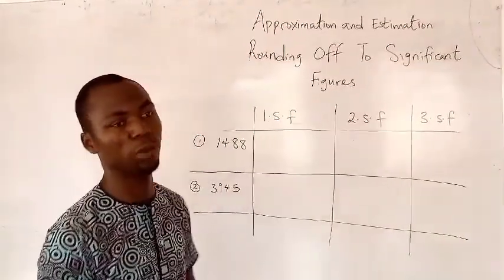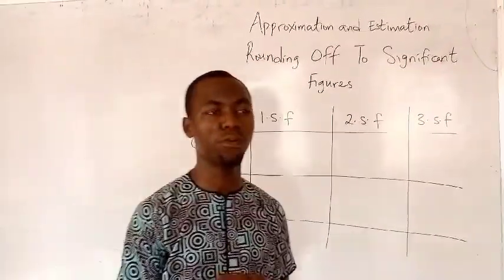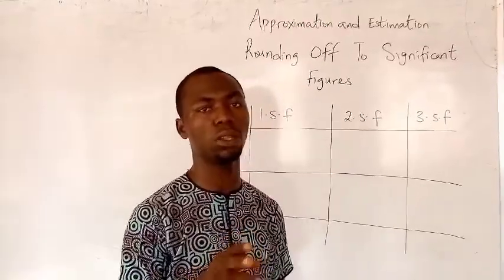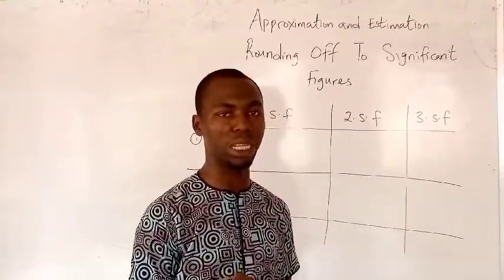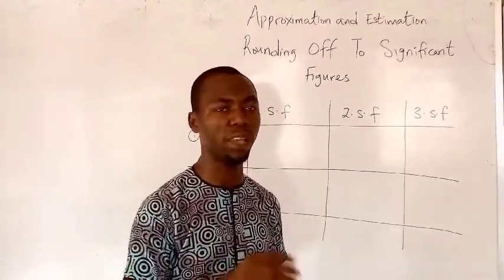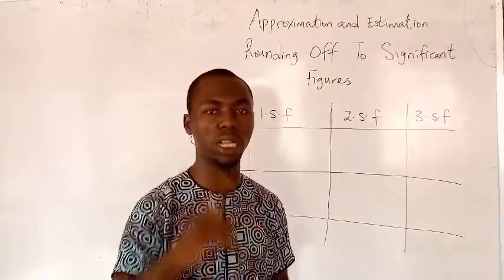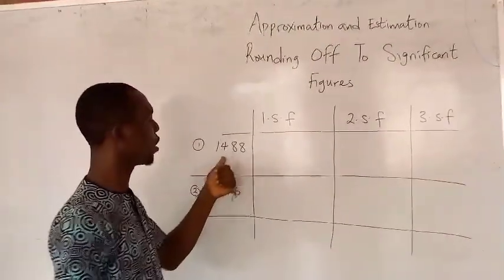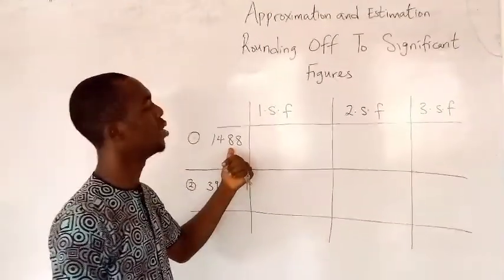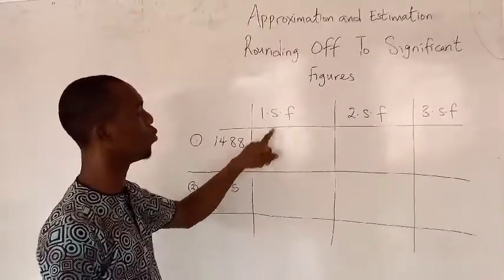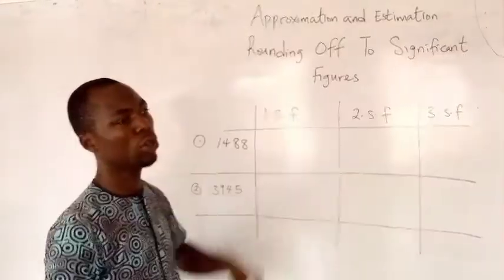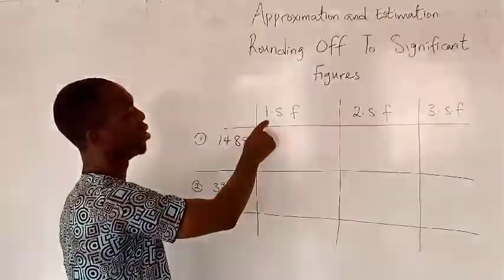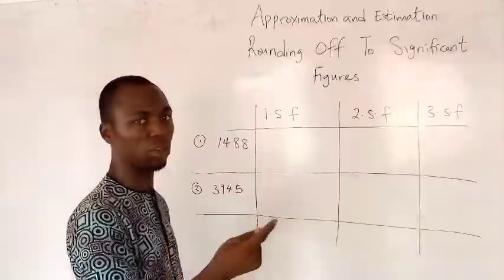In rounding up numbers, when we have 4, 3, 2, 1, or 0, we round the number down. Then when we have 5, 6, 7, 8, or 9, we round it up. For instance, we have 1,488. So if we are to round this up to one significant figure, whatever you are given is what will determine how many numbers you count.